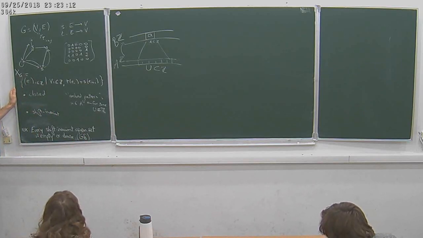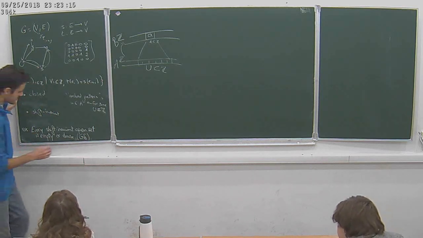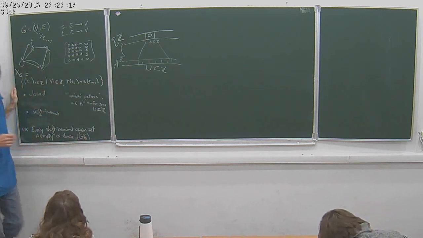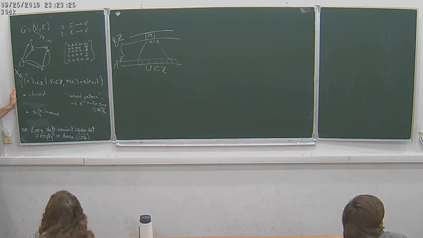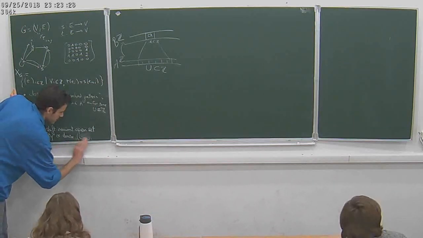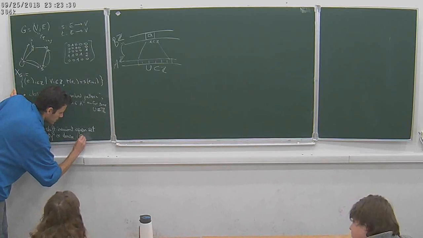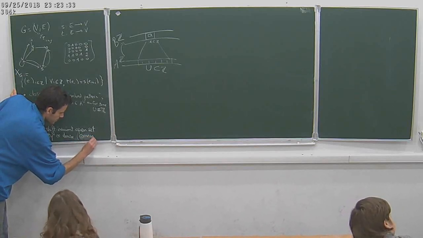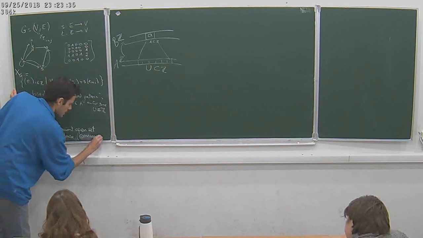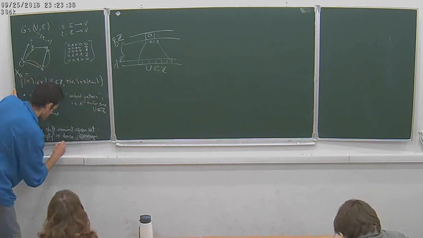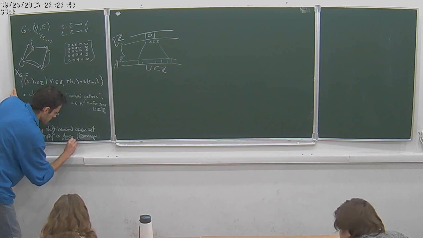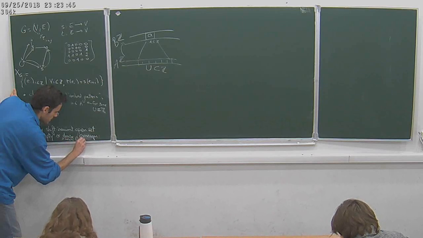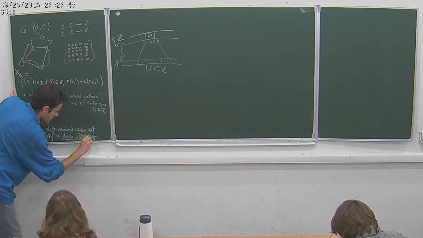Do you know this definition or not? Yes. It's an intersection of dense open sets. A comeager set contains the intersection of dense open sets.